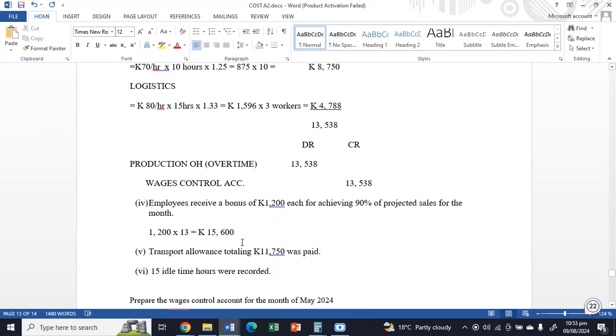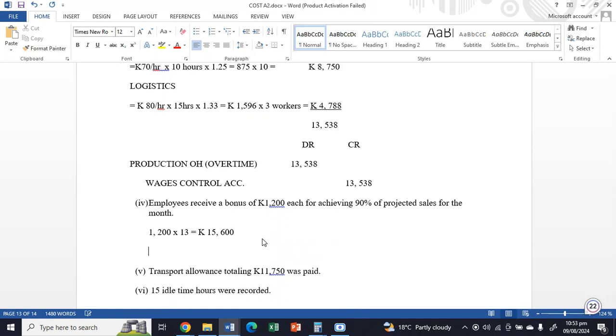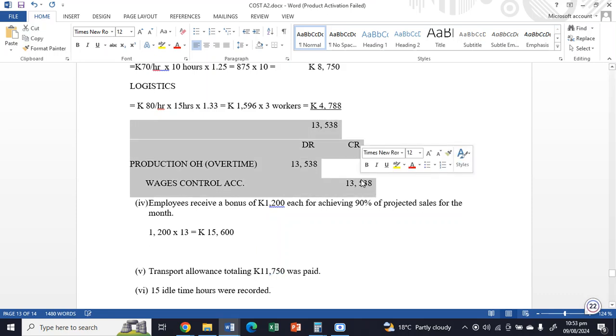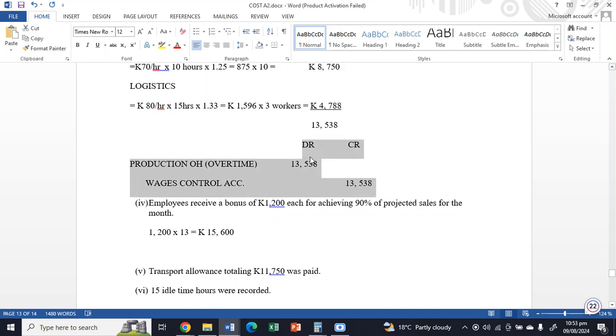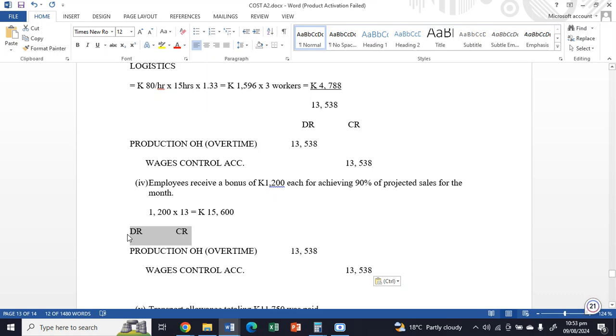So again, debit production overhead bonuses, 15,600.